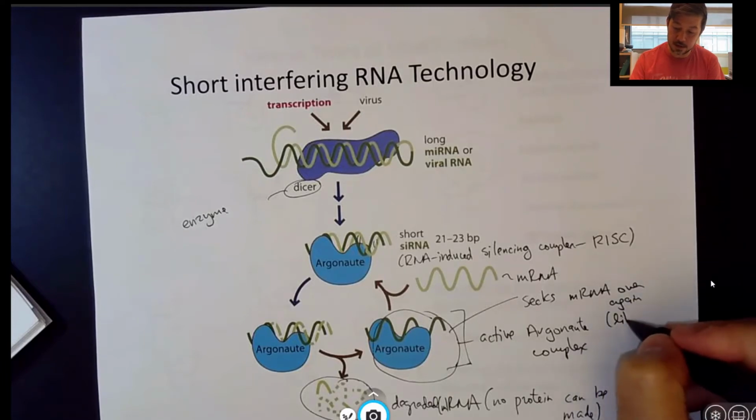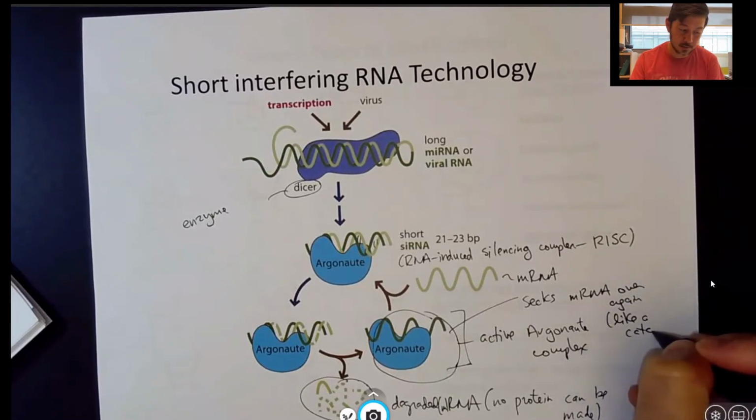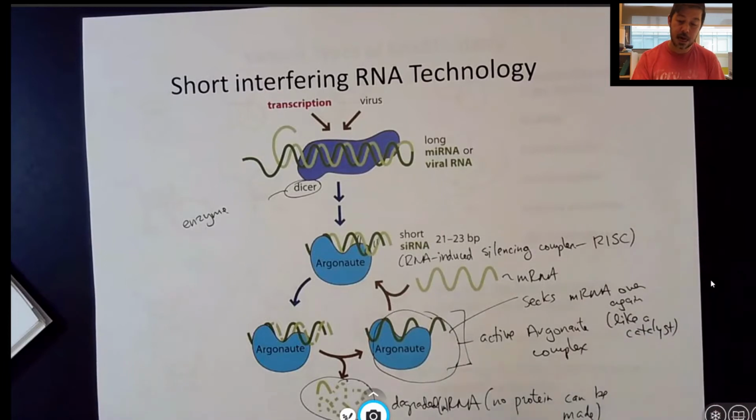It's like a catalyst. And it's very efficient at cutting that specific messenger RNA so that no protein can get made. So you can think of this as a mechanism in place that our cells use in order to control the level of certain genes. And this offers one mechanism in which we can do this.